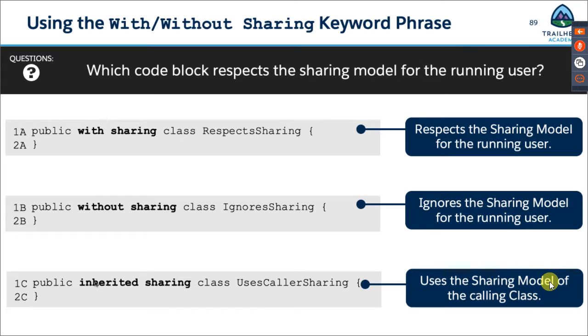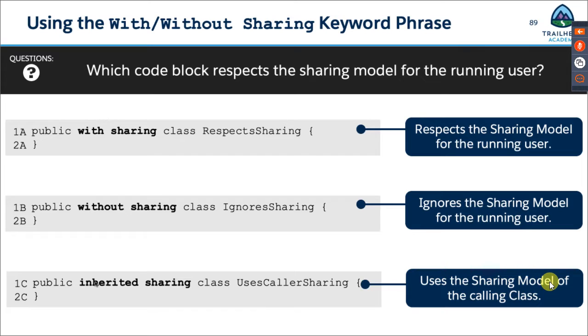So in order for you to be a good citizen, a good developer, you are going to have another keyword, which is called inherited sharing. If you do know about with or without sharing, you understand what they mean. But in this particular class, you are not sure if you want with or without, because it really depends.